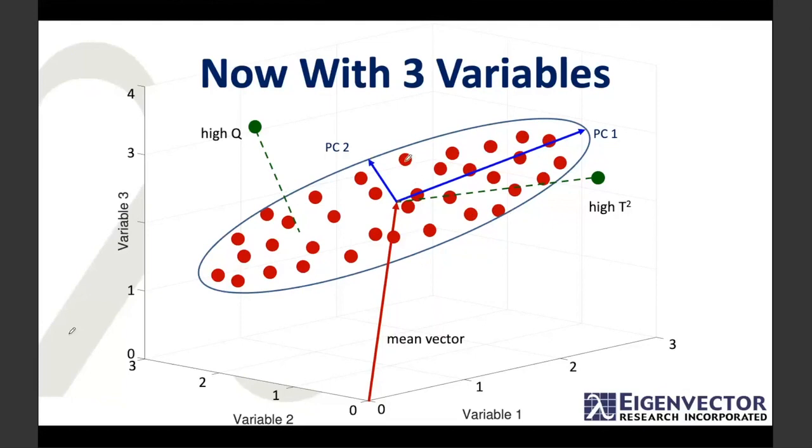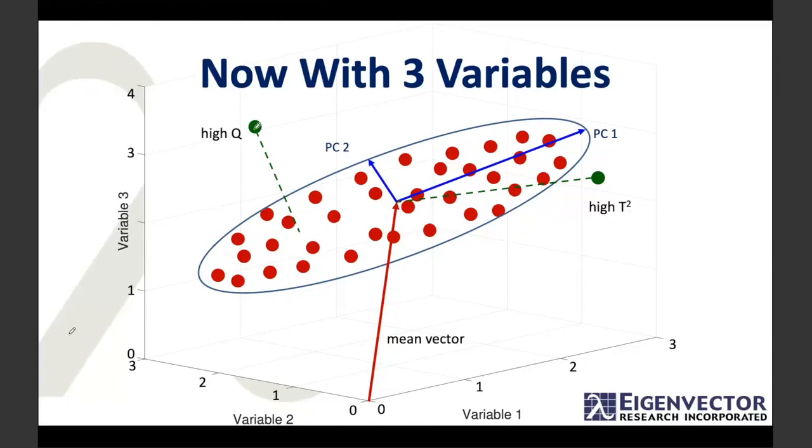If I bring in this green observation here, which is above the plane of the red circles, well, that's a data point which is not well explained by my model because it does not reside within the plane of the model. And in this example, we've moved to a PCA model which now has two components.